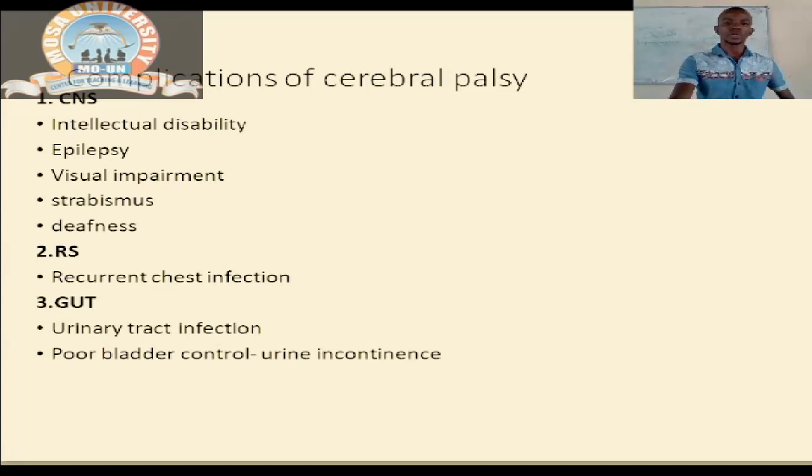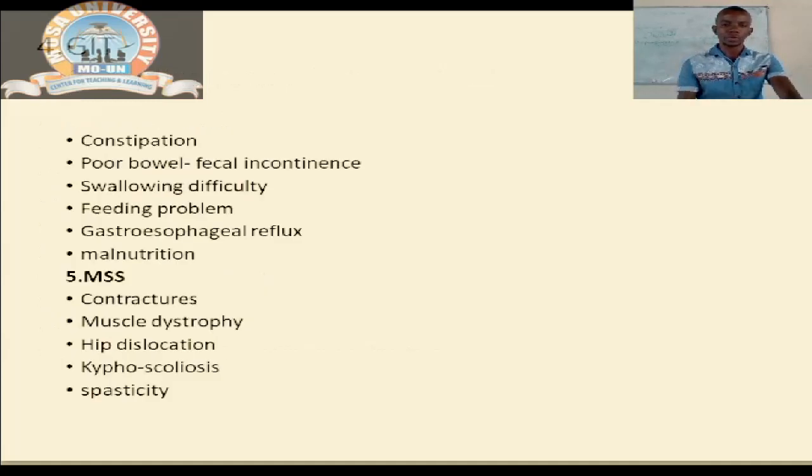When we come to the genitourinary system, we may have urinary tract infections, poor bladder control, or urine incontinence. The gastrointestinal system: patients may develop constipation, poor bowel control, fecal incontinence, swallowing difficulties, feeding problems, gastroesophageal reflux disease, and malnutrition.